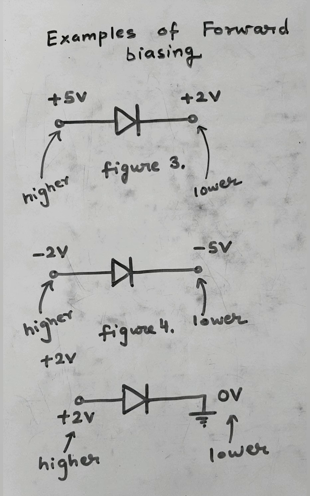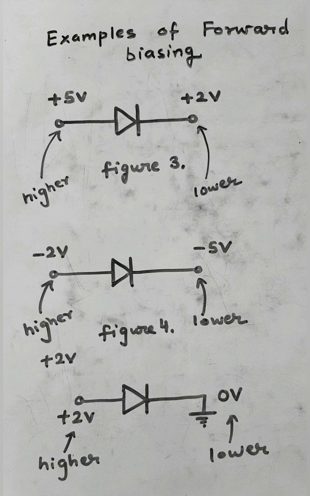It is connected to minus 2 volt, and the N side, the straight line, is connected to minus 5 volt. Again, minus 2 is greater than minus 5, so technically, although both of them are connected to negative terminals, minus 2 is higher potential when compared to minus 5, so it is technically forward biased.